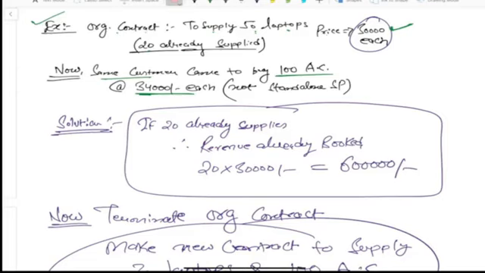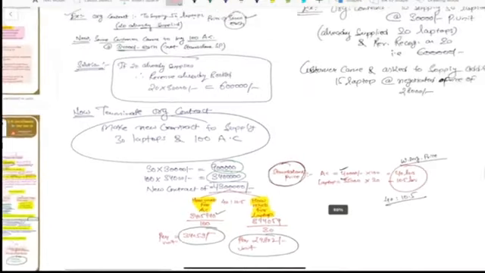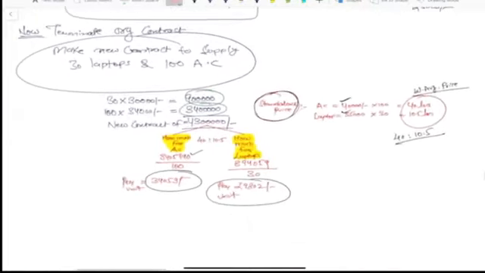Count from 1 to 5. Then I'll change the page. 1, 2, 3, 4, 5. All right. The next.